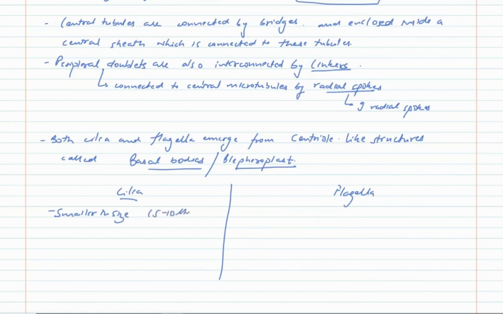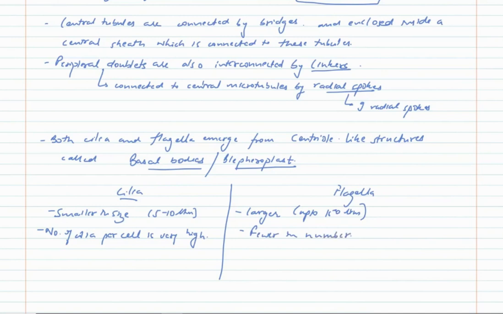They may be up to 150 micrometers in size. Number of cilia per cell is very high. So there will be numerous cilia present in a single cell, whereas flagella are fewer in number.